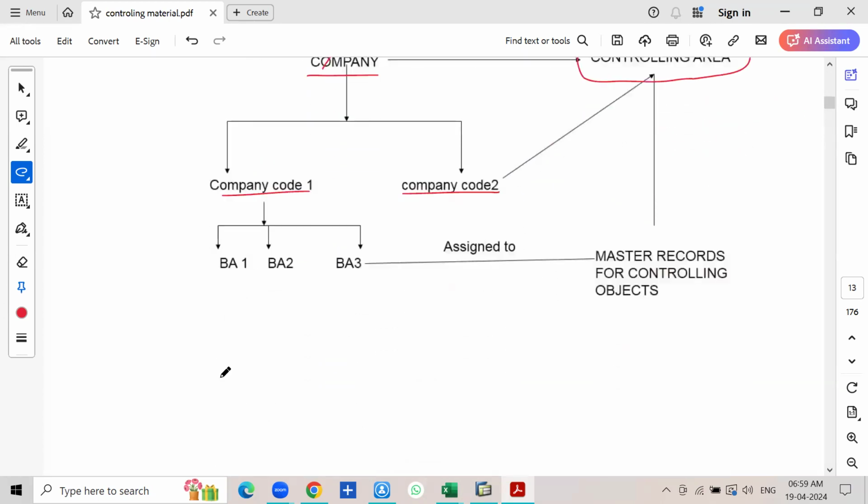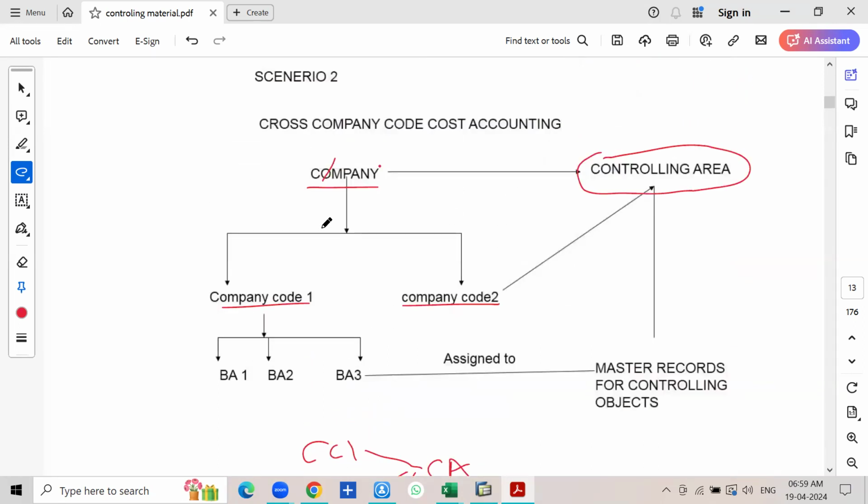That means we have company code 1, then company code 2, then company code 3, and all these 3 company codes will be assigned to the same controlling area. That is called cross company code cost accounting. That is the meaning of defining the controlling area at the company level, right? So in this case, company code 1 is assigned to the same controlling area and company code 2 is also assigned to the same controlling area.